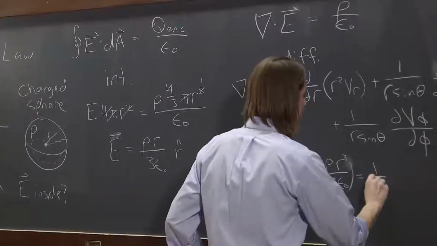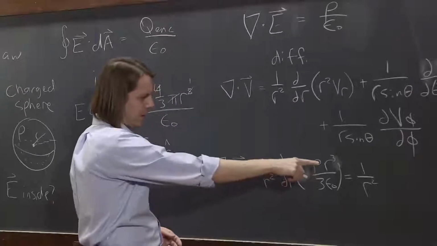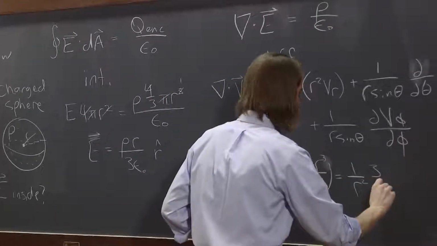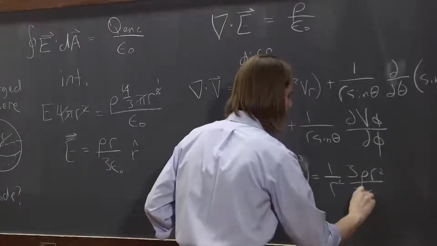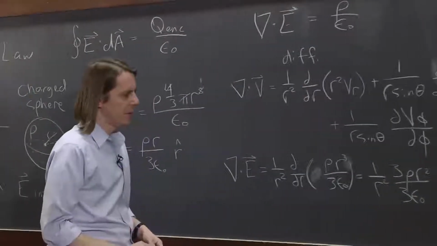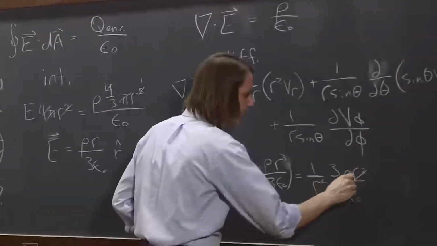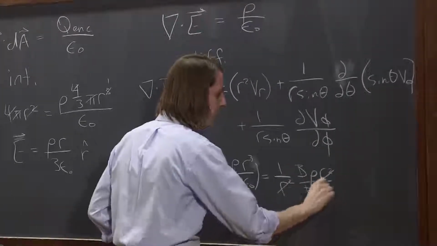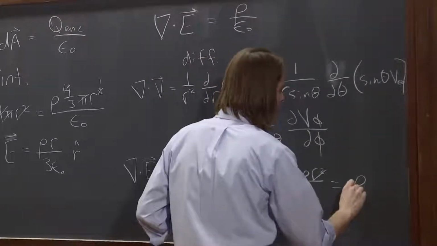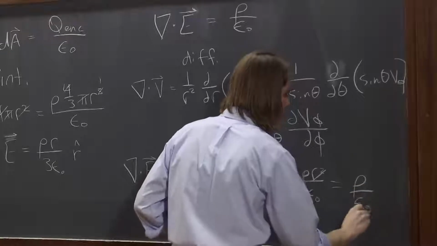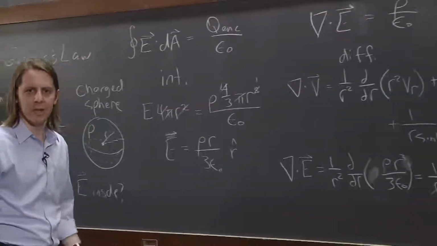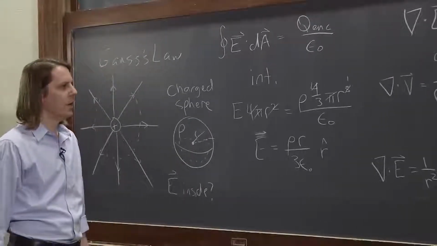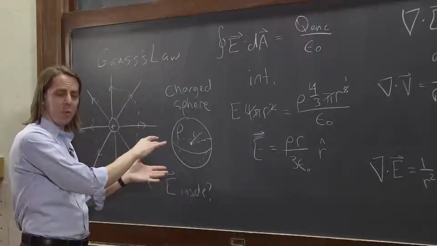Now you can see the r squareds cancel, the 3's cancel, and you end up with the constant rho over epsilon naught, which of course we know is what del dot E is. That's Gauss's law.